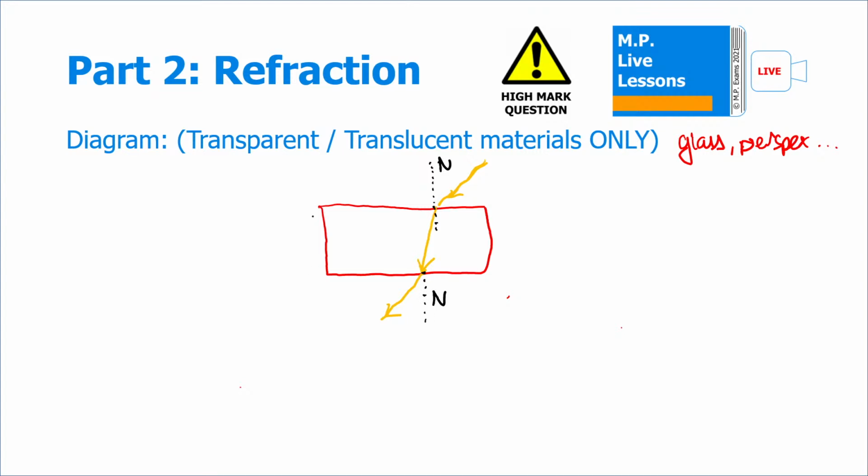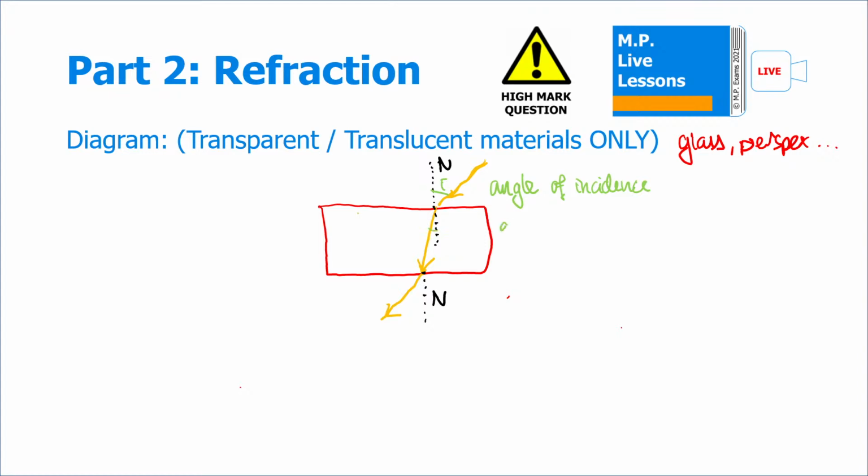Now you're measuring a few different things this time. Again, your angle of incidence is the same as before. This time, when it goes through the material, it refracts.